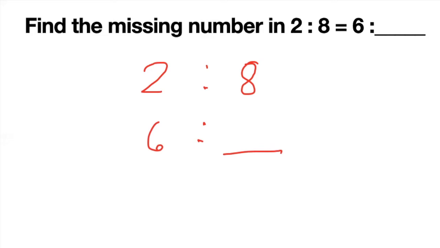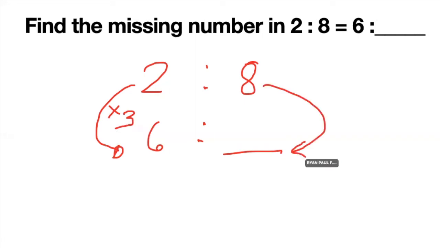For 2, to get 6, we need to multiply 2 by 3. Which means we also need to multiply 8 by the same number to get the missing number. So that will be 8 times 3, which is 24. Therefore, our answer is 24.